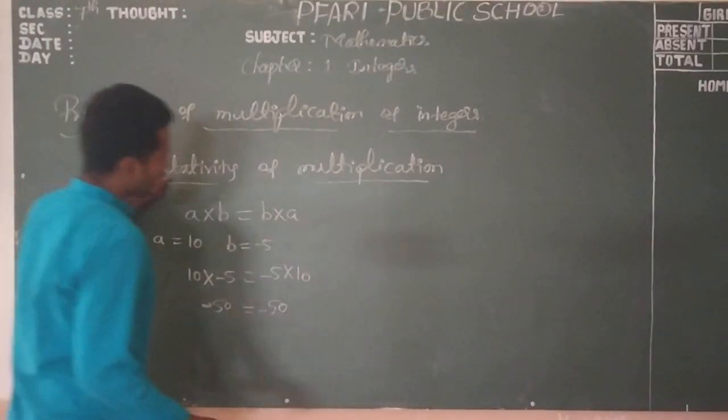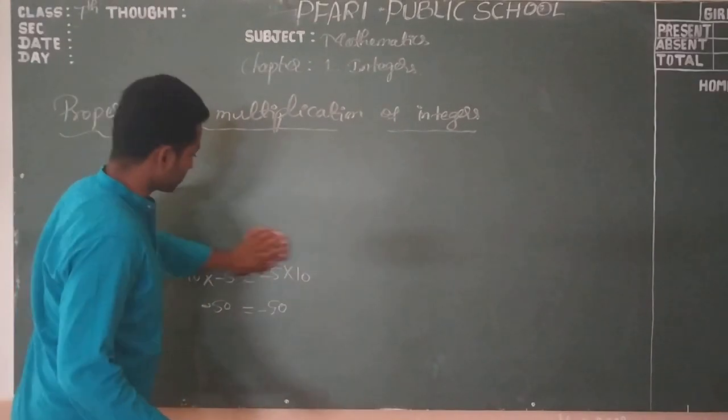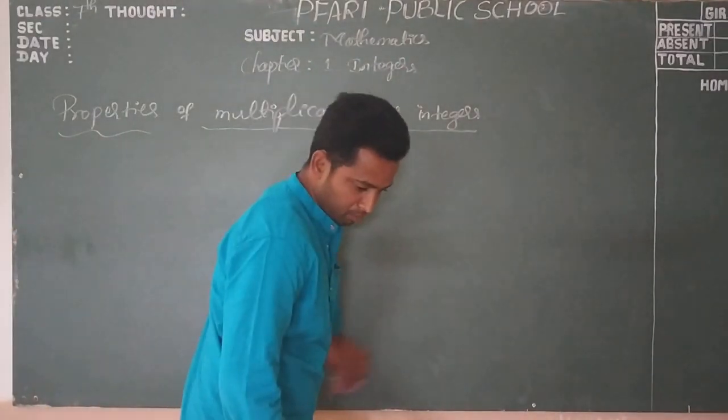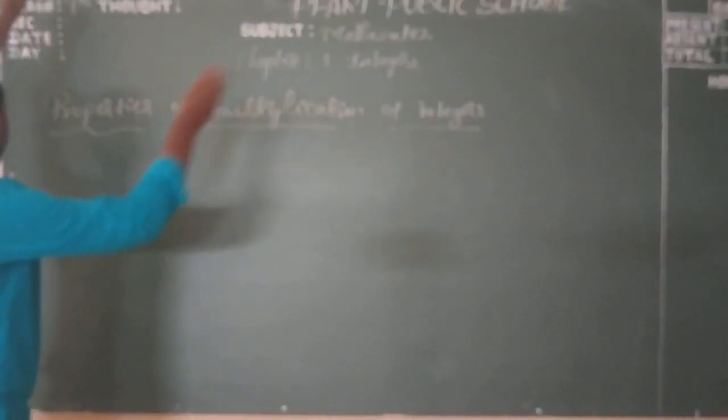Next, the third property is multiplication by zero.